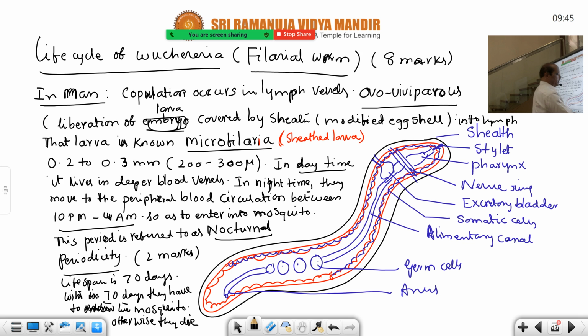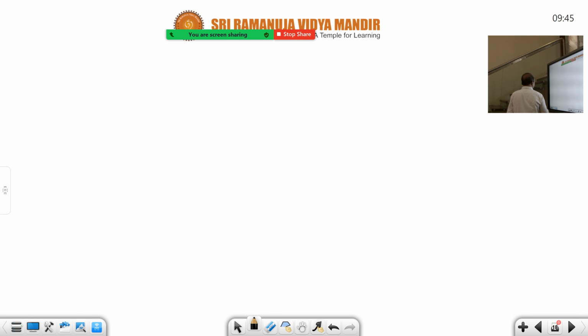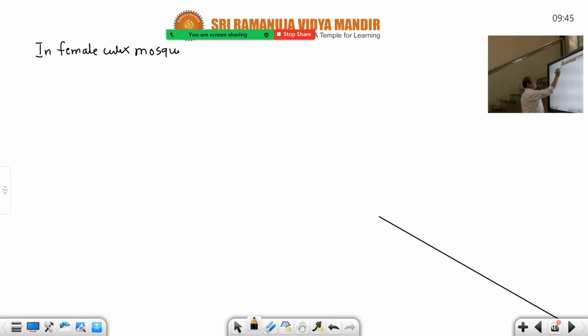Now turn the page: in mosquito. In the female Culex mosquito, these infected patient's blood is sucked by mosquitoes during the blood meal.